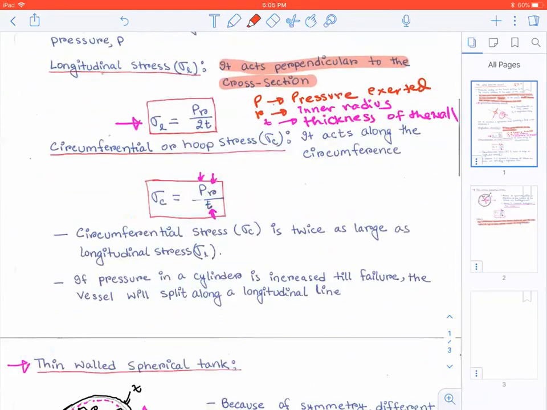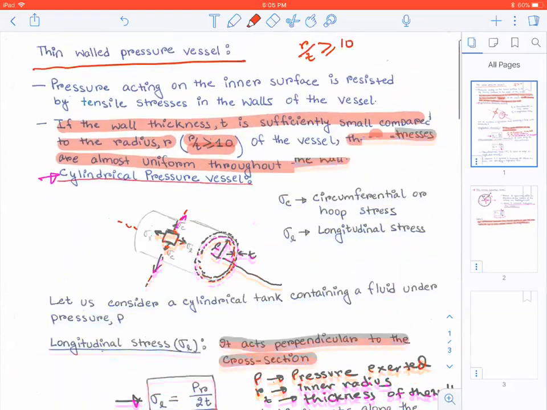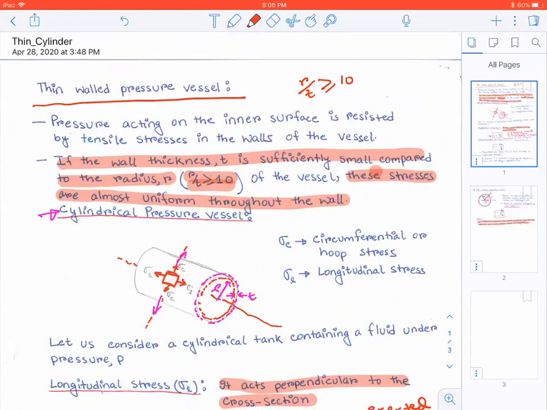So problems from this chapter, this is a very small part of your chapter 8. At the beginning of chapter 8, you're going to see this thin-wall pressure vessel. So I'm going to give you some reading assignment, and we're going to look at one problem. Problems based on thin cylinders are very simple.